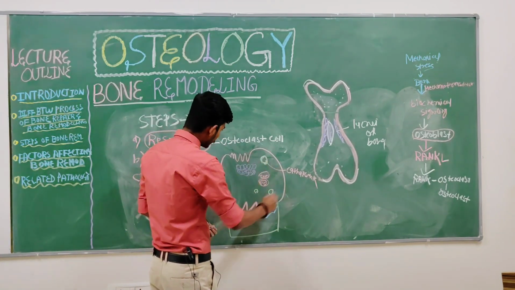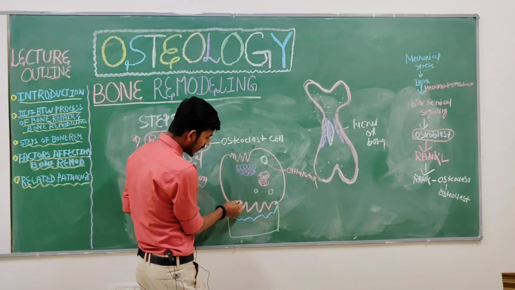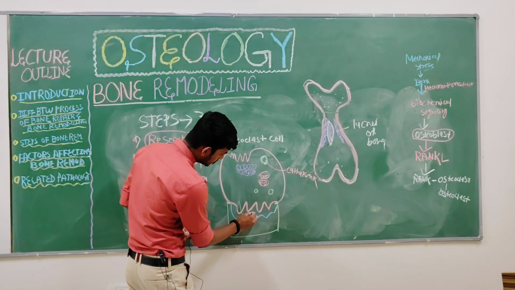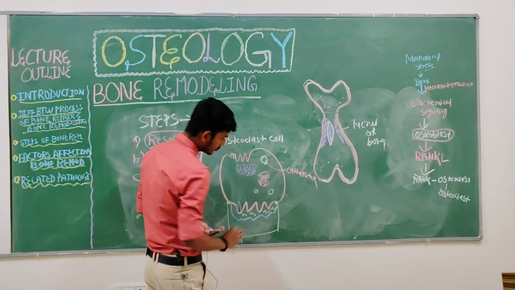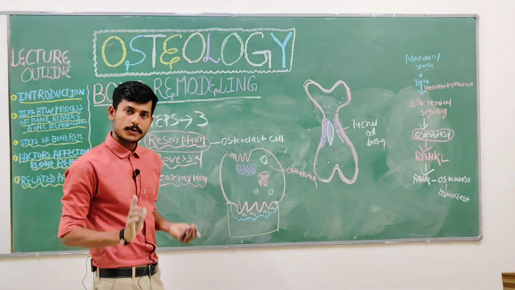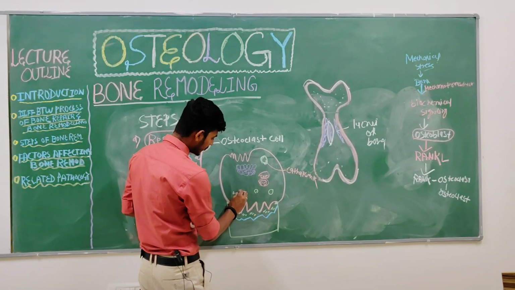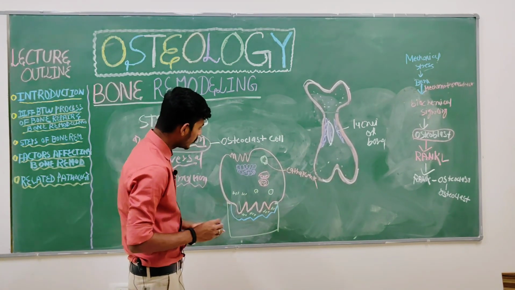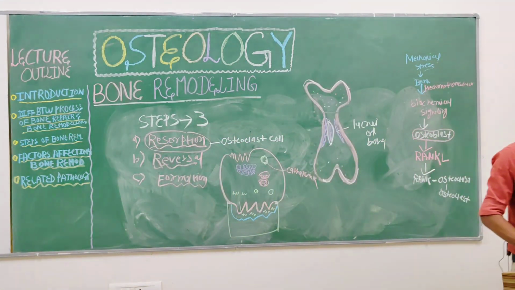Then these osteoclasts are secreting hydrogen ions in their surrounding. Now, they are also secreting some more enzymes.